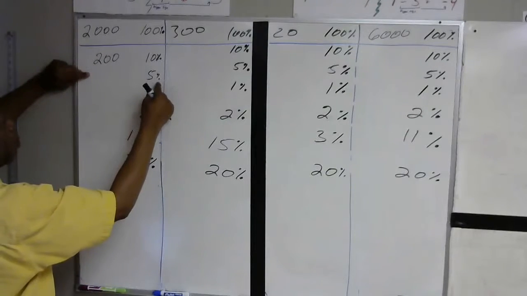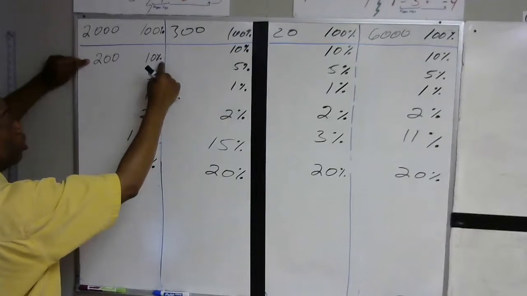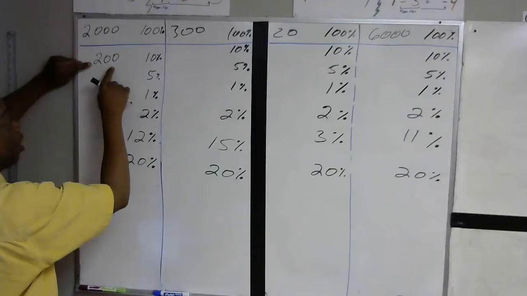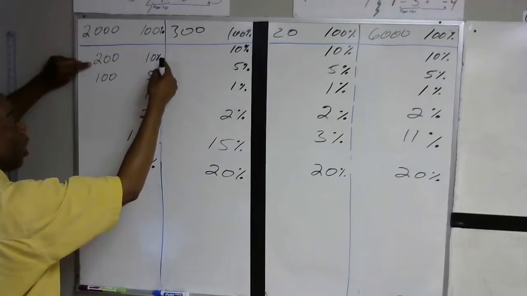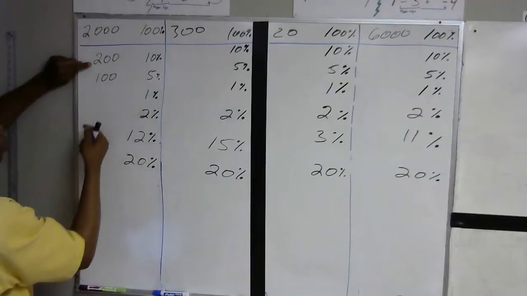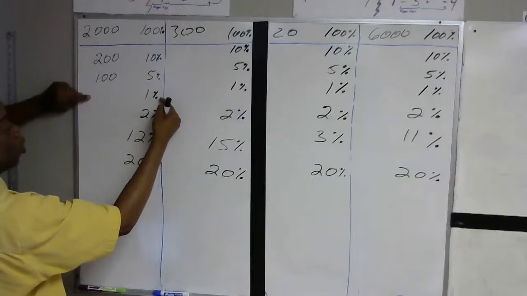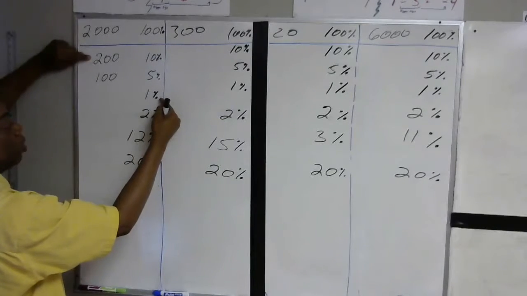To find 5%, we go to our 10% and divide that by 2. So 200 divided by 2 is 100, because 5% is half. Now, to find 1%, we go back up to 10% and we divide this by 10.